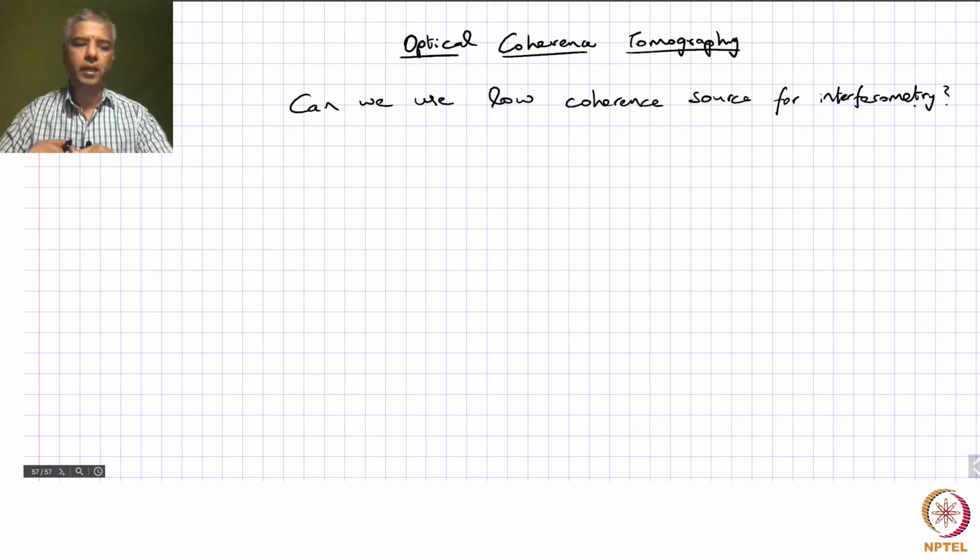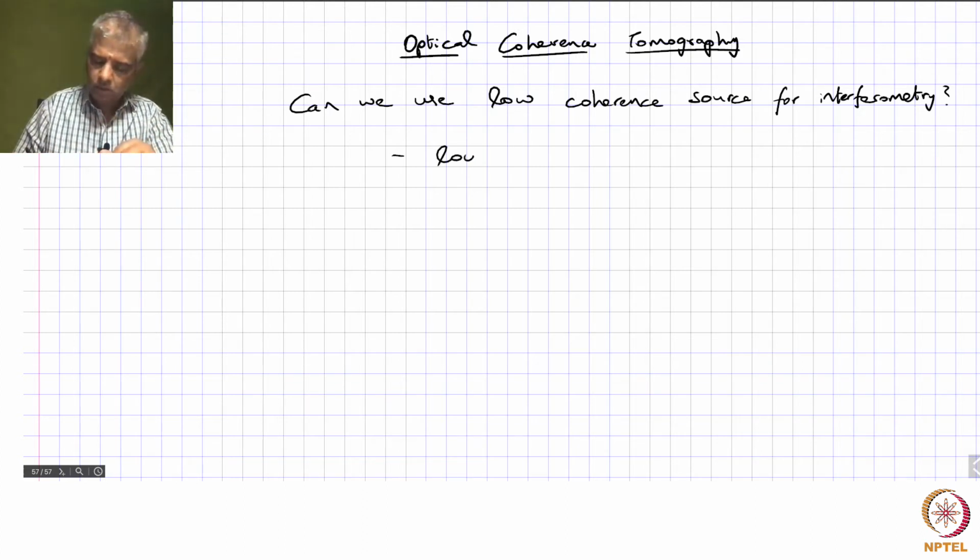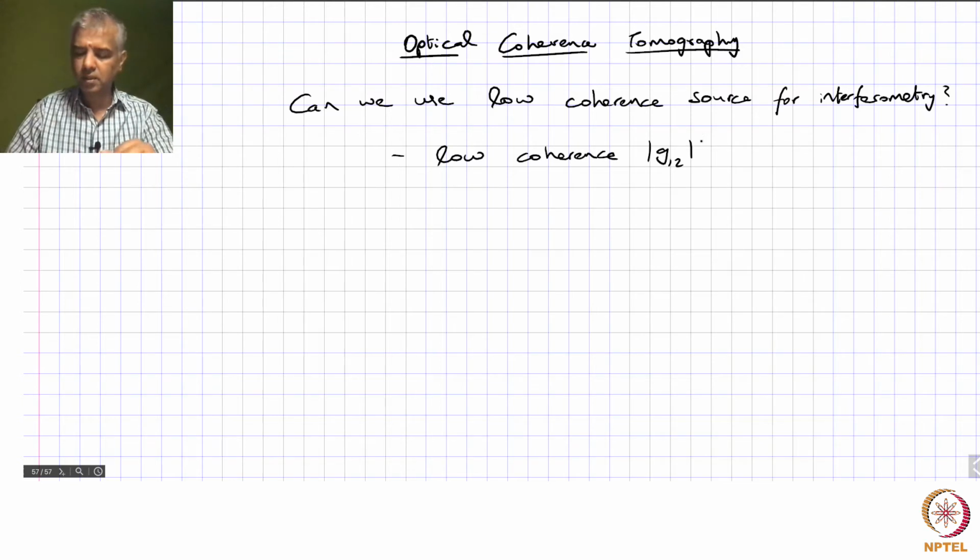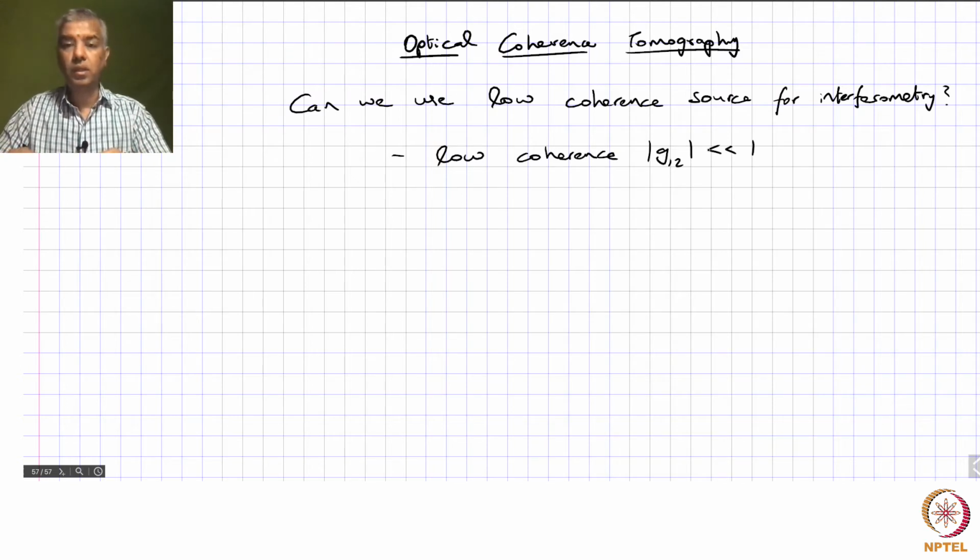And what do we mean by low coherence? Low coherence corresponds to the fact that your degree of coherence is far less than 1, something closer to 0.